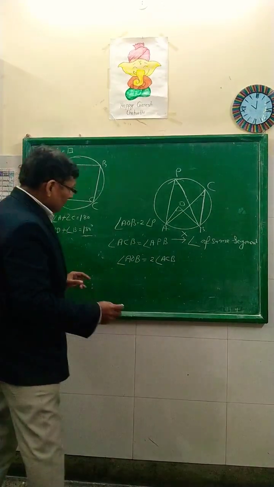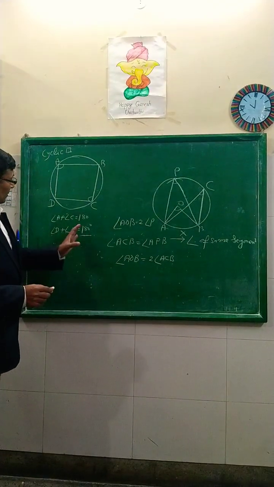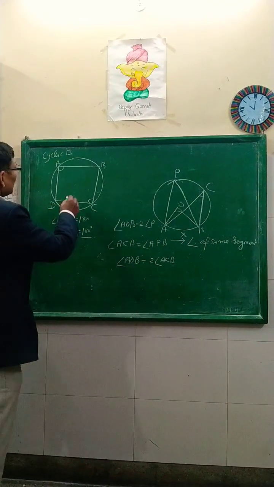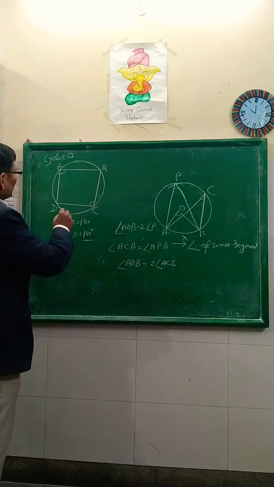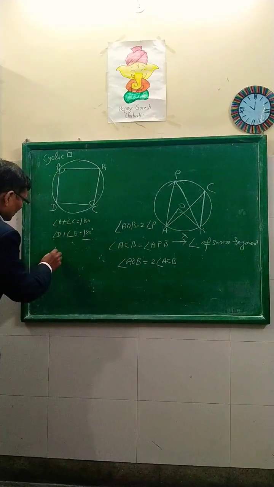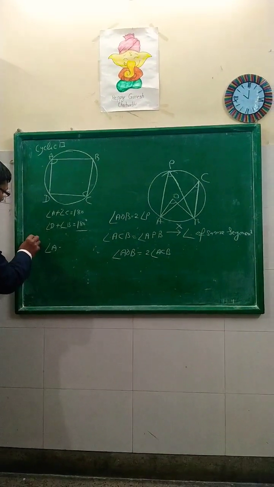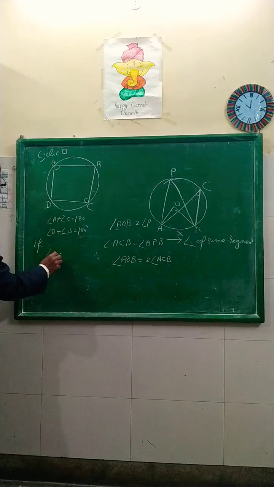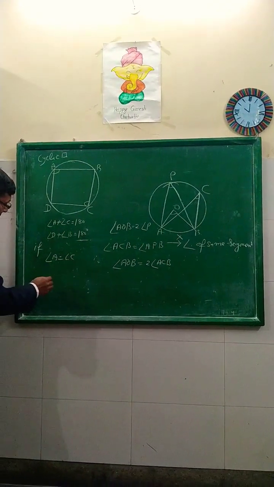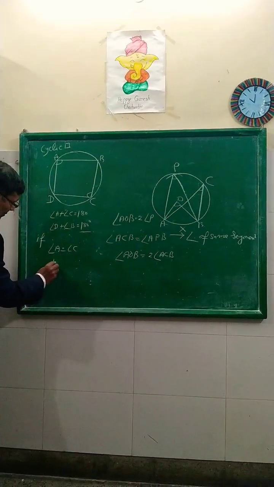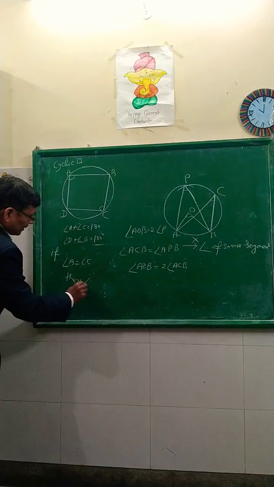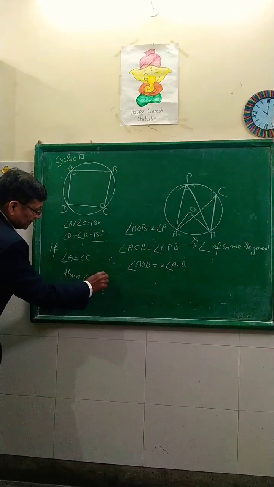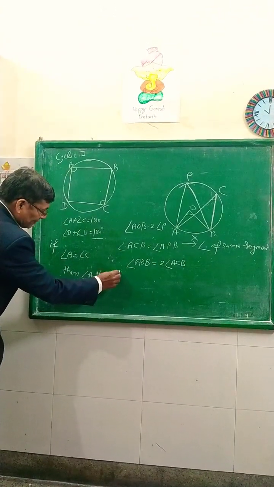Now, if angle A is equal to angle C, then angle A plus angle C is equal to 180 degrees.